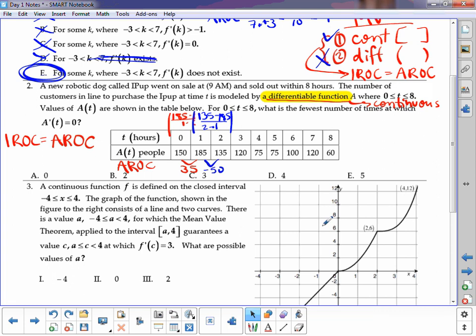Now we can keep doing this down the line, but let's save ourselves some time. If my average rate of change was 35, and this is a smooth and connected curve, differentiable and continuous, and then my average rate of change is negative 50, did my average rate of change cross 0 at some point in time?